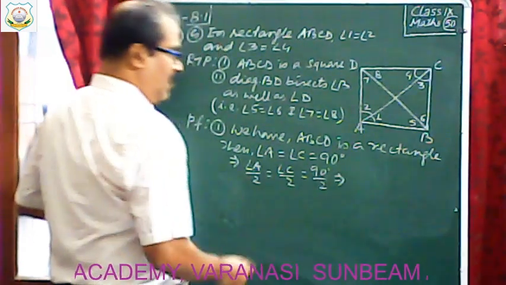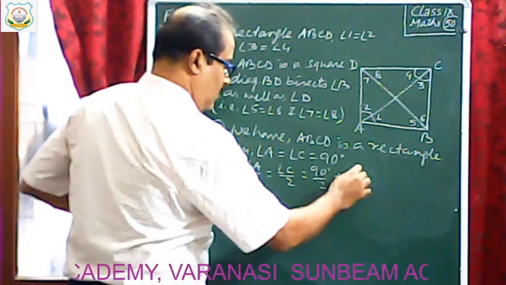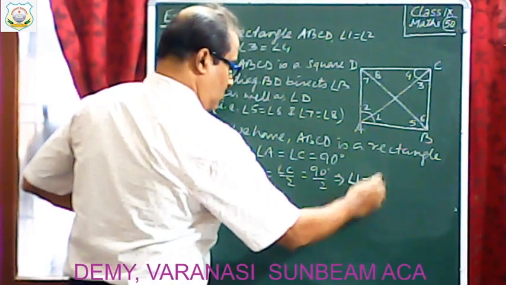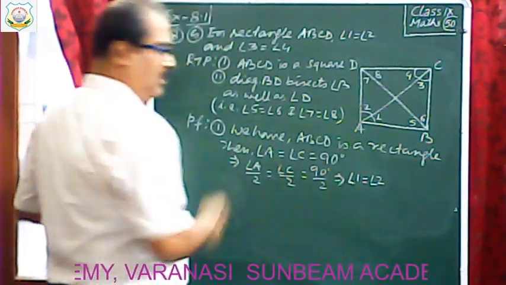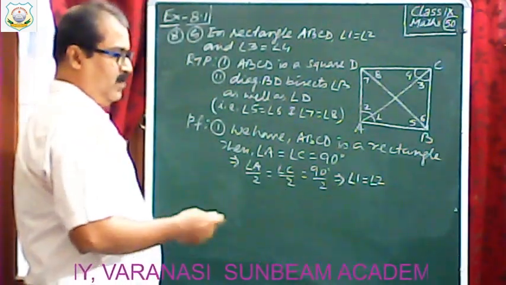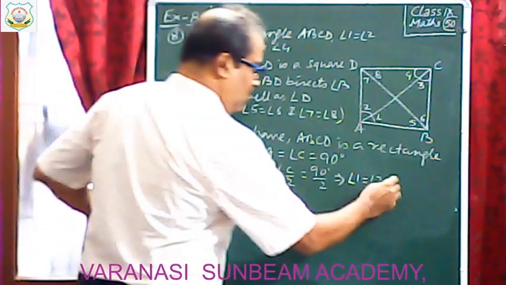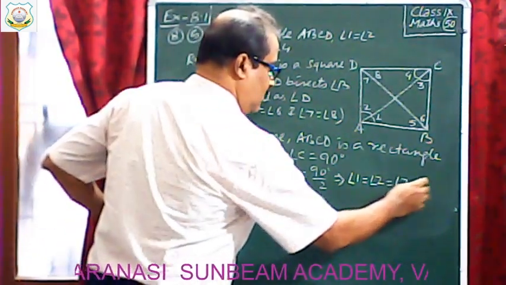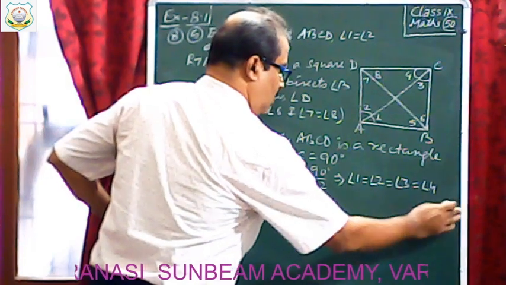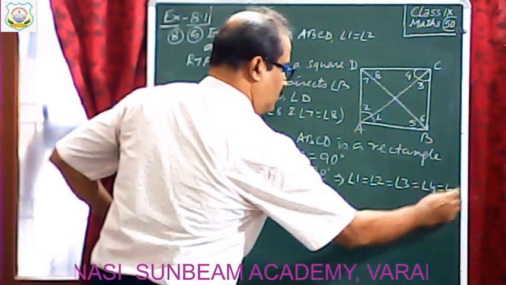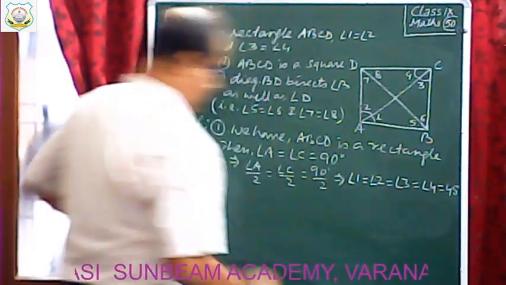So angle A by 2 means angle 1 equals angle 2, and both are equal. Angle C by 2 means angle 3 equals angle 4, and 90 by 2 means 45. Okay.